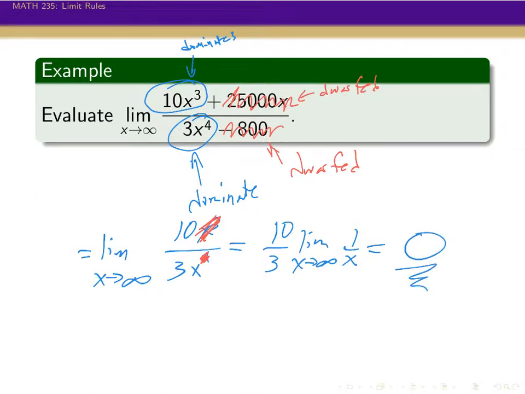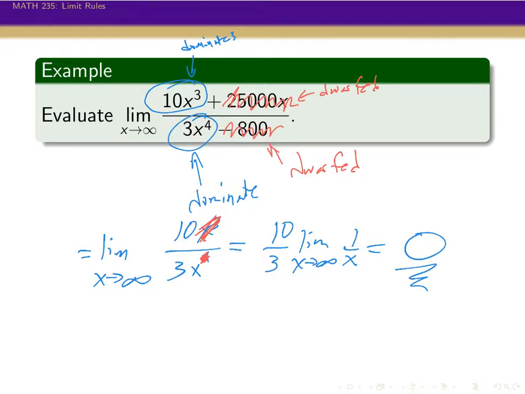And so, again, to think about this, as x gets really, really big, think about x as equal to 10 to the 100. The top is going to be 10 times 10 to the 300, but the bottom is going to be just about 3 times 10 to the 400.